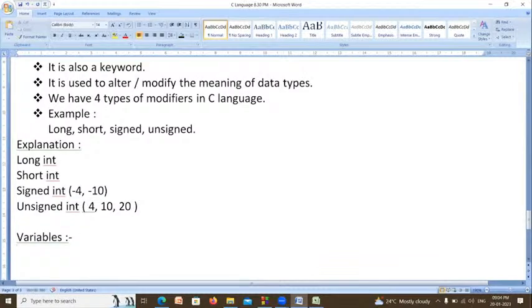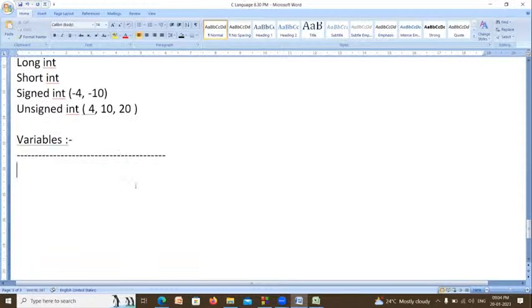Now the next topic is variables. What is the meaning of variables? My dear friends, I already explained what a variable is in the previous example, right? What is a variable? A variable is nothing but a container which is used to store the data.